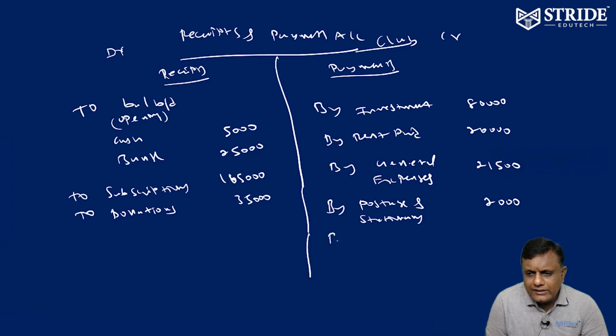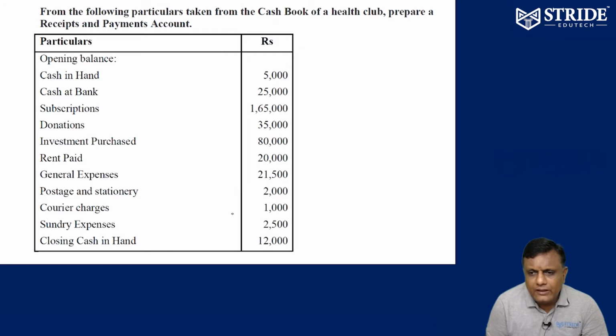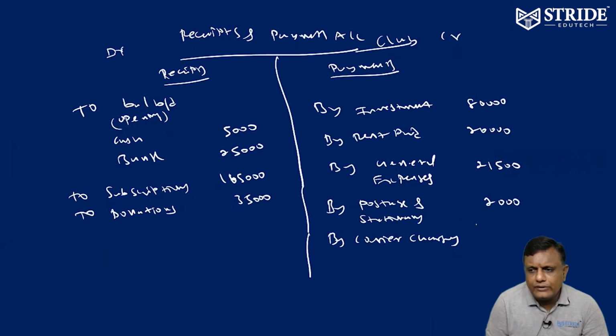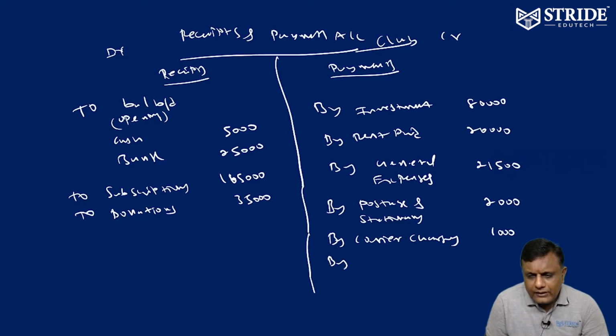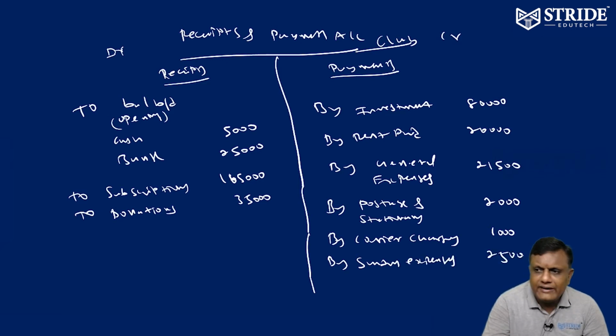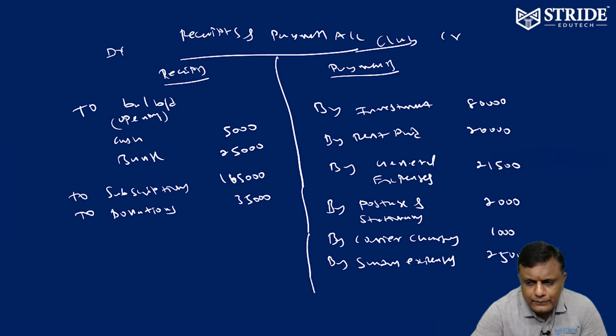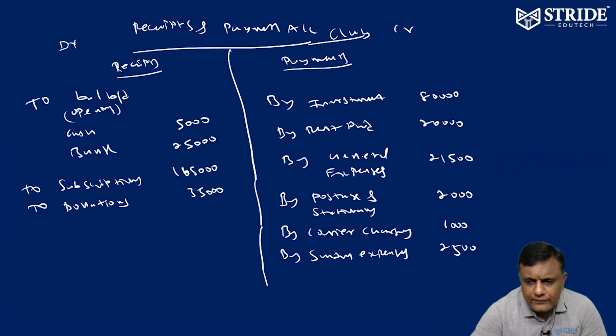By courier charges, how much courier charges paid? Cash going out, 1,000. Is there any other expense? Yes. By sundry expenses, how much paid? 2,500 paid. That's it.